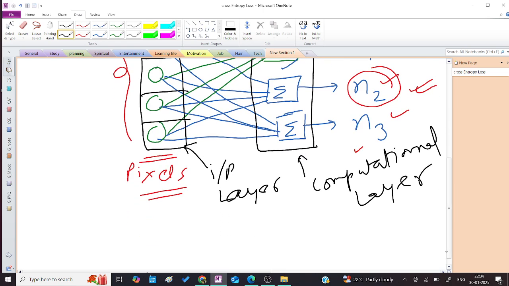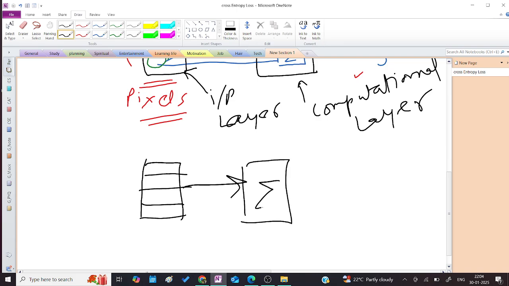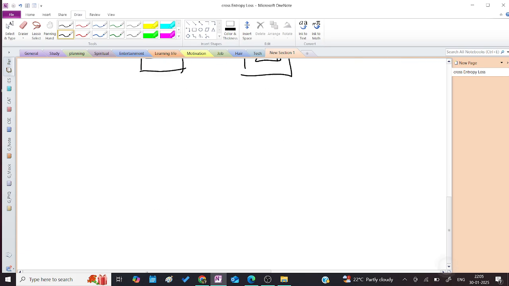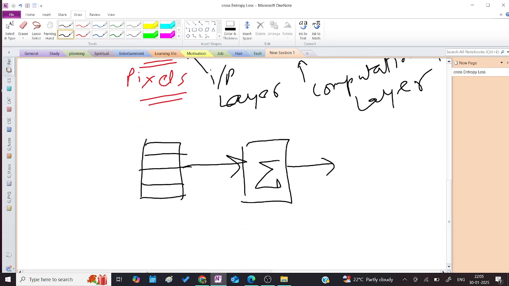So our new block diagram will be like this: this is the input layer, this is the computational layer, and this is our output, right? And this output will be a vector.